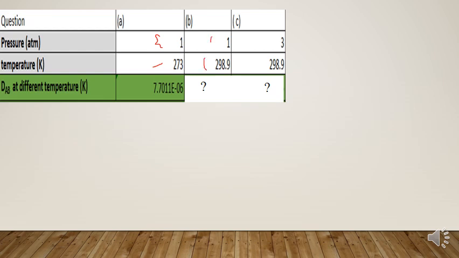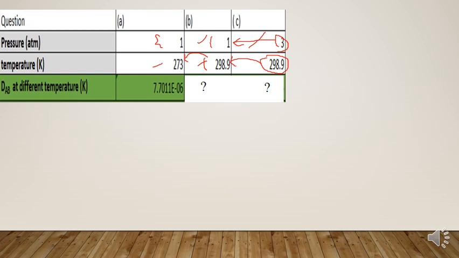So for question B, it needs to be determined at the same pressure but a different temperature compared to A. But for question C, it needs to be determined at the same temperature as question B, but a different pressure compared to B. So you can see that the pressure is not the same.